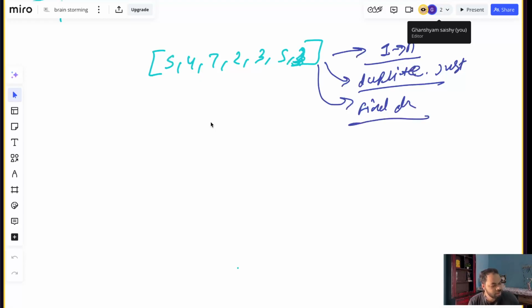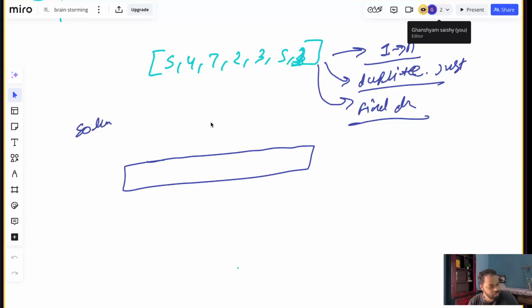Earlier we were thinking, okay, don't think about that. If you try to sort it, what will happen? Solution one says you just sort it and you will get to know how many duplicates there are. It will become 2, 3, 3, 4, 5, 5, 7.